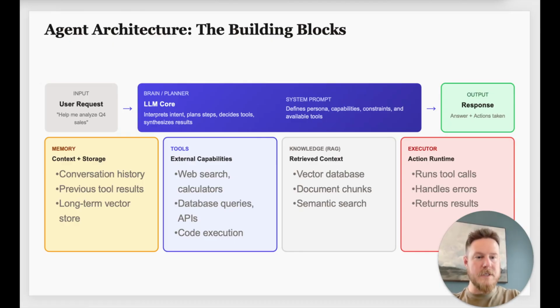The crux we were discussing of agents is on the action side, so tools. These are going to be external capabilities. They could be web search, calculators, database queries and data connectors, APIs to other services.